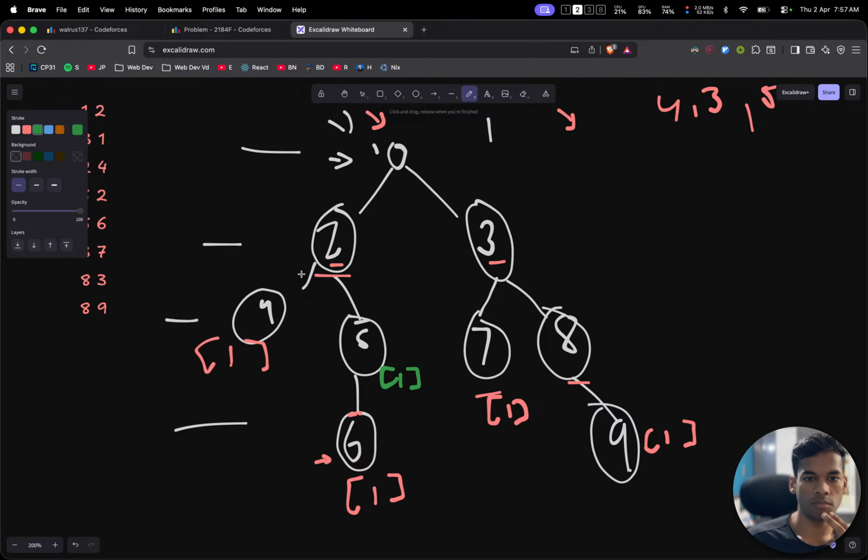1 here. If we do not dissolve this, we would have 1. And if we do dissolve this, we would have 2. Here also the same, 1 and 2.